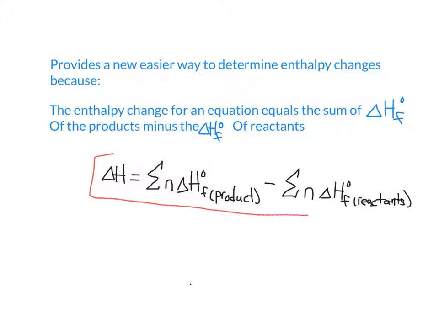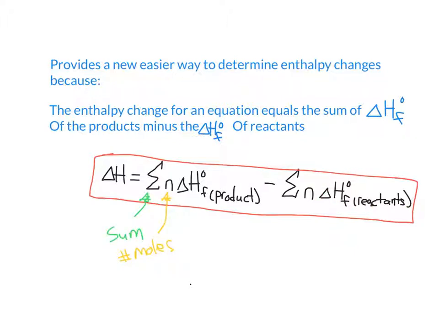Enthalpy change equals the sum, so remember this sigma means sum, of the number of moles times standard enthalpy of formation of the products minus the sum of the number of moles times the standard enthalpy of formation of the reactants. In case you might just want to label sum as sigma and this n is number of moles.